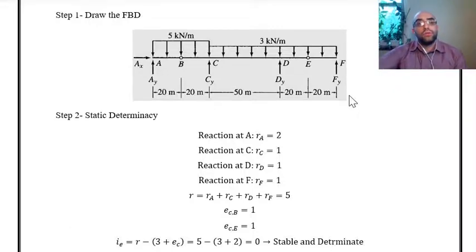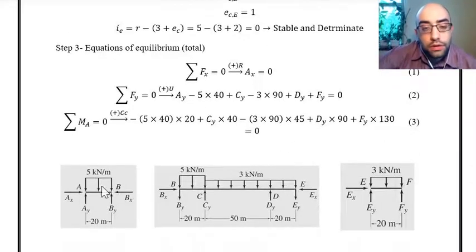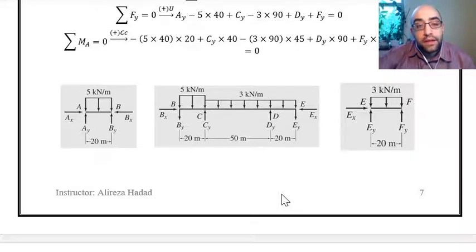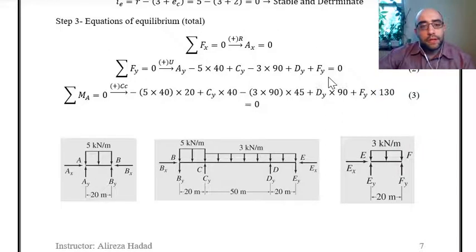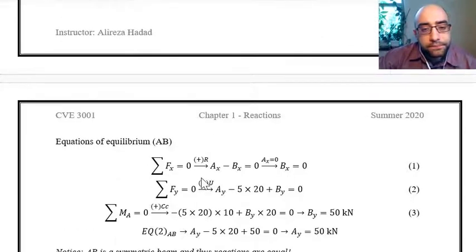And now I'm going to look at these segments and write the equations of equilibrium for these segments. At first, I'm going to look at segment AB. Let's take a look at segment AB and see how we can write the equations for this segment.